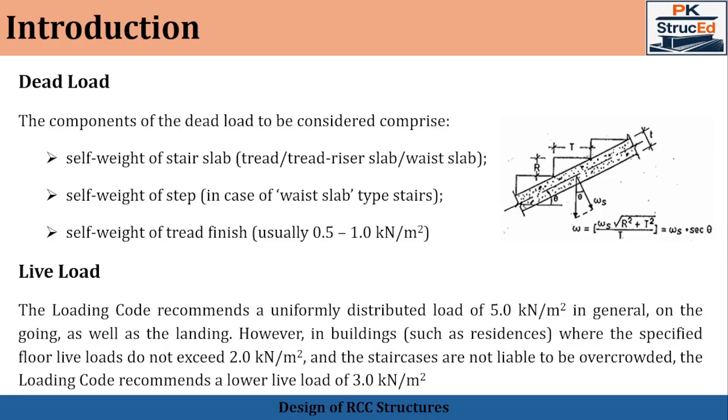The live load on the staircases as per IS 875 part 2 will be taken as 5 kilonewton per meter square for general staircases, whereas for residential buildings with low crowding it will be considered as 3 kilonewton per meter square. In stair design, both the dead load and live load are significant and must be carefully evaluated.